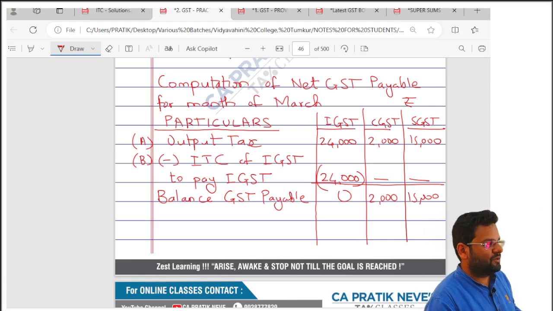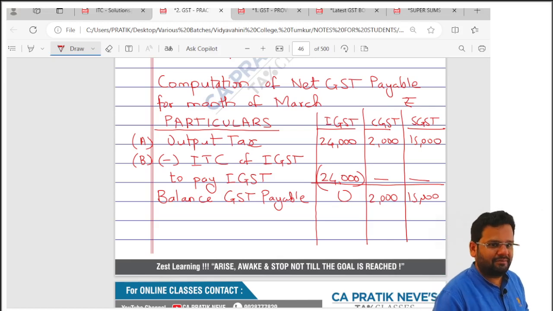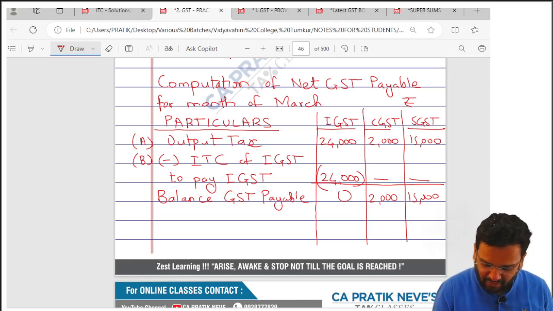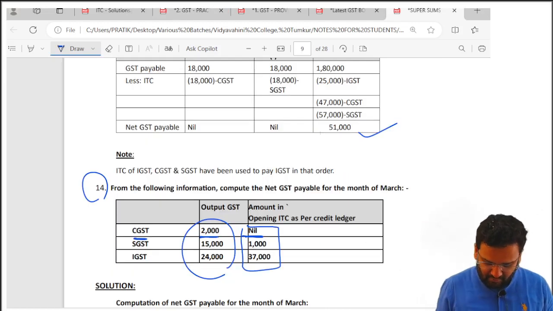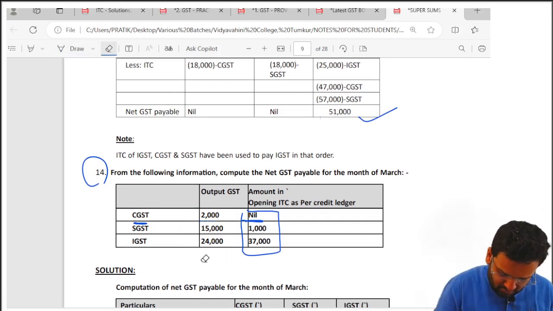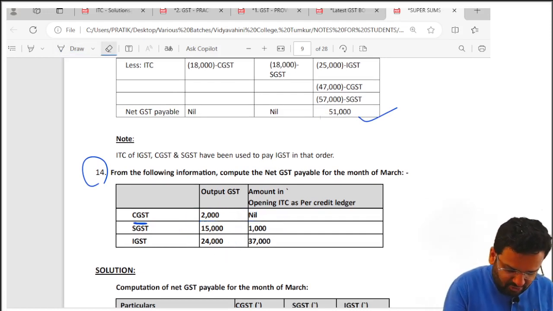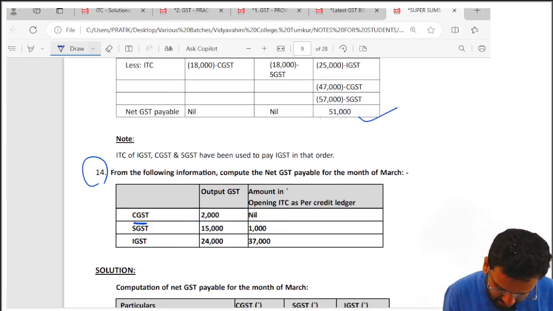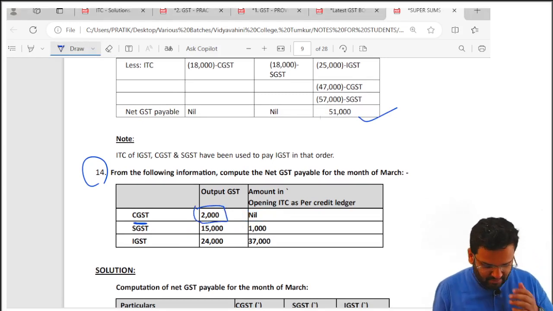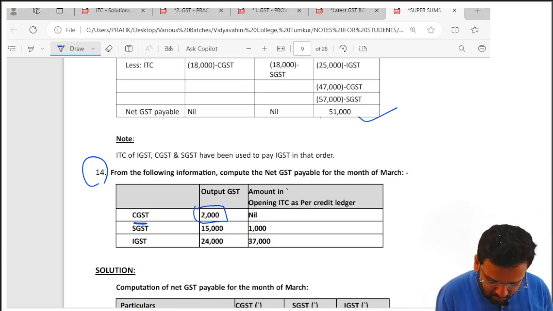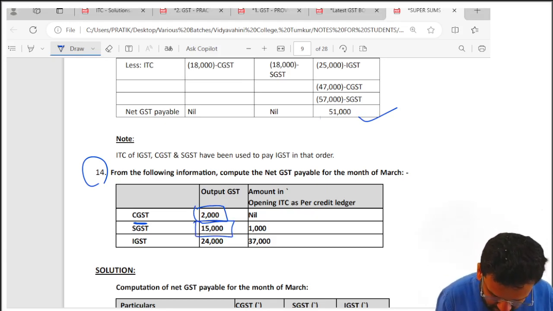Now, most important step: you don't have to blindly use ITC of IGST. What are your output taxes of CGST and SGST? CGST's output tax is 2000. SGST's output tax is 15,000.